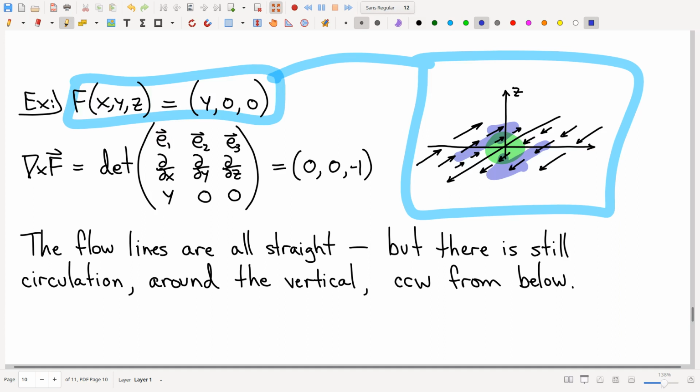So this is a great example illustrating, again, a subtle thing: what curl measures and how it represents a rotation of sorts. No particular particle of fluid has anything even vaguely rotating or even curved in this example. But we do have a curl. And there is a rotation intrinsic to this picture. It's a rotation of a ball sitting inside of the fluid. Is everybody okay with that?